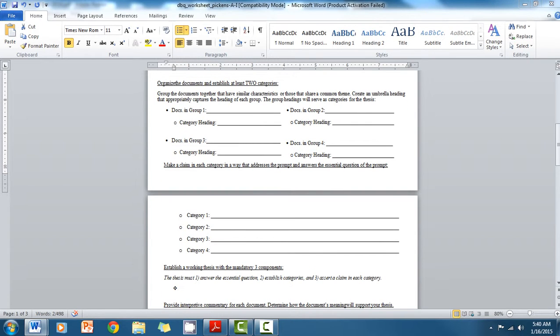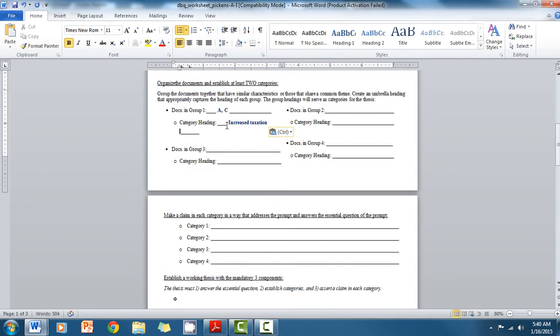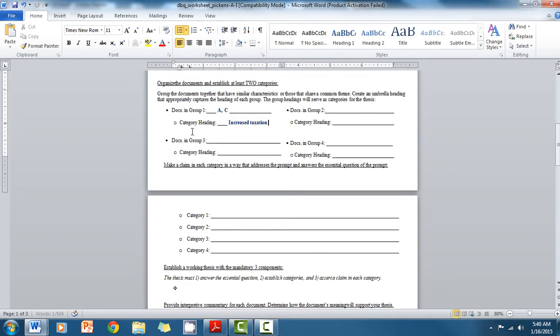One thing that stuck out to me, obviously, is the referencing of taxation. Documents A and C had a theme, and both of those documents in some way referenced increased taxation that occurred in the colonies.